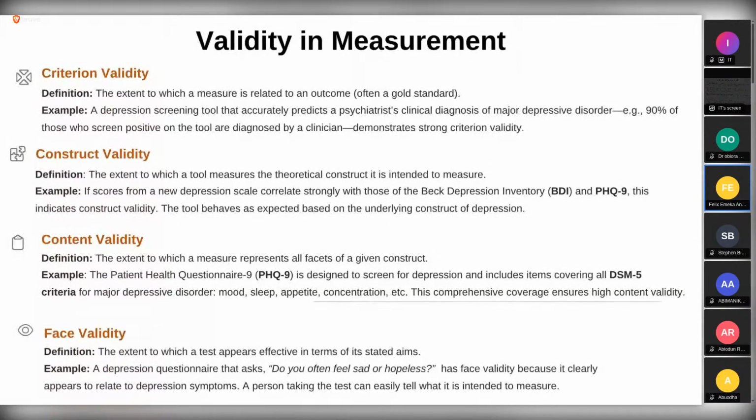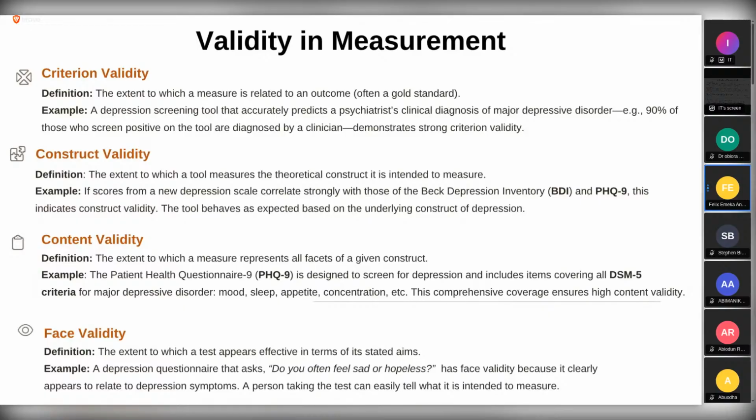You're measuring it as it relates to a gold standard. A gold standard simply means that if you're using a particular gold standard to measure something, that is how the thing you are measuring is supposed to be.